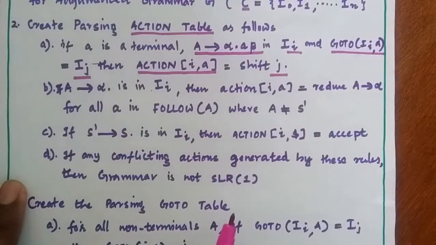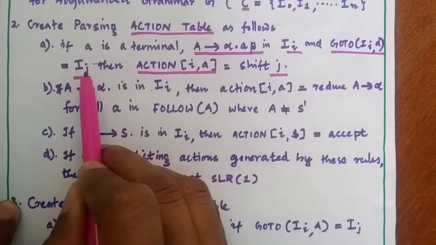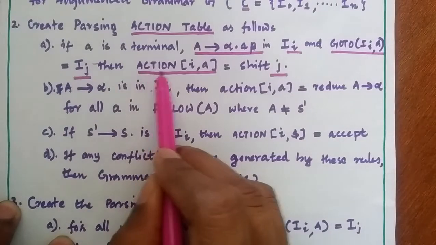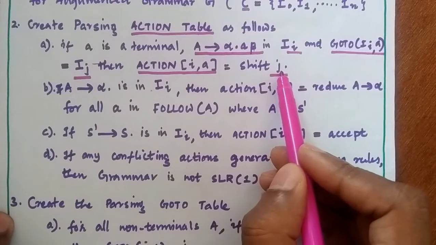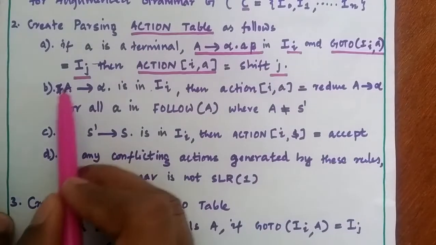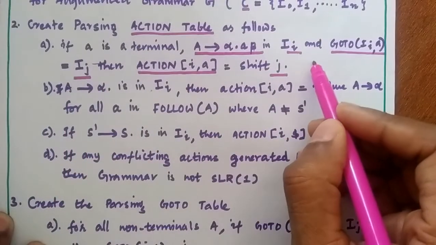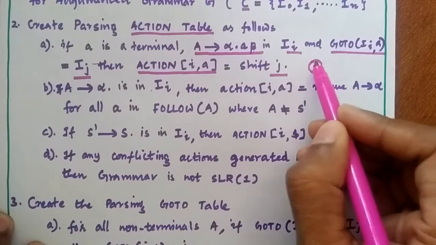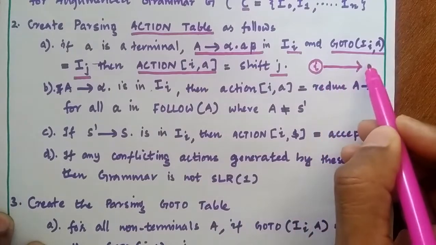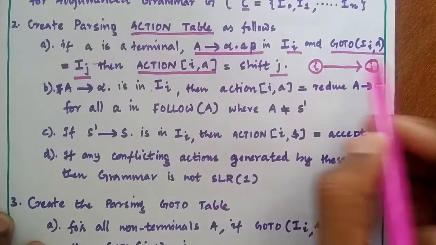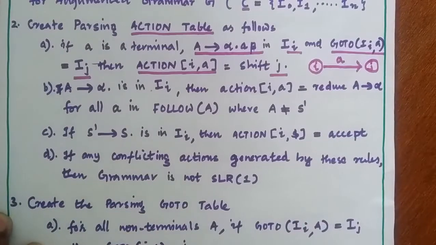From the DFA we can identify the transition from Ii when a occurs; if it goes to Ij, then action[i, a] is equal to shift j. It's a shifting operation, shift to state j. So if you are in state i and a occurs, you have to move to state j. This is the transition.